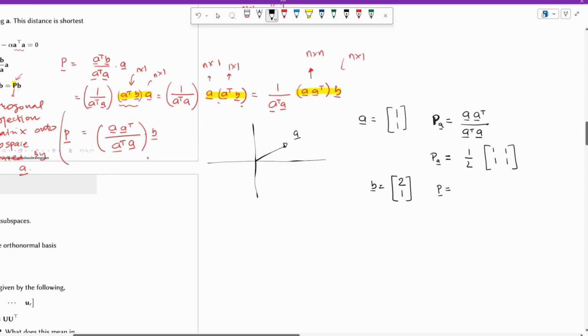What is it? 1 by 2 will be there, right? You're just multiplying a matrix and a vector. Why are you so confused? What is it?